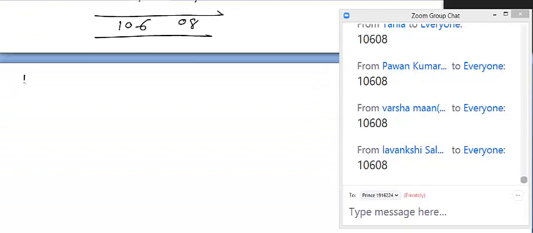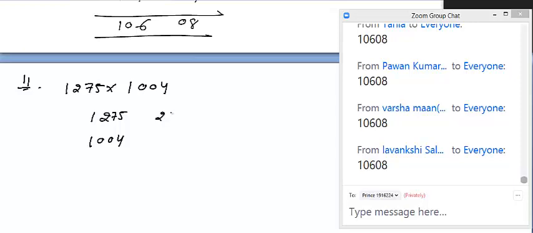Now, example number 11. 1275 multiply 1004. Correct. You can try also. I want to check, but don't use a calculator.